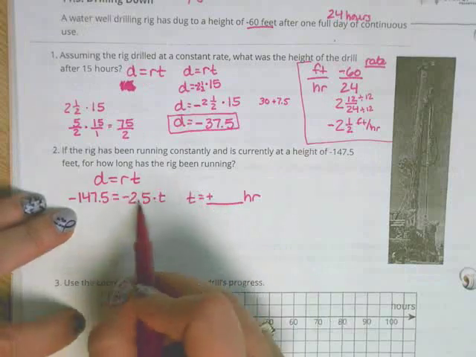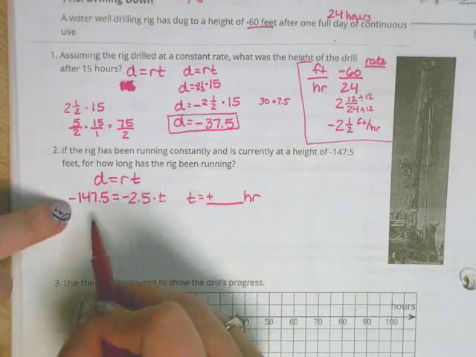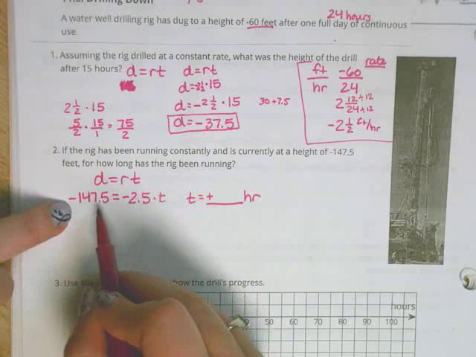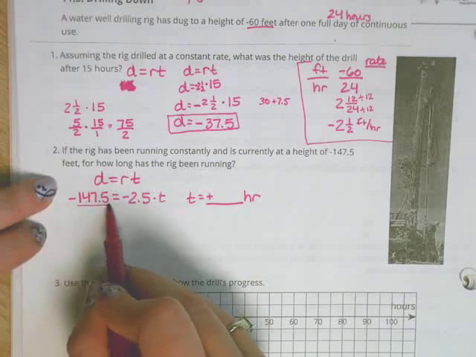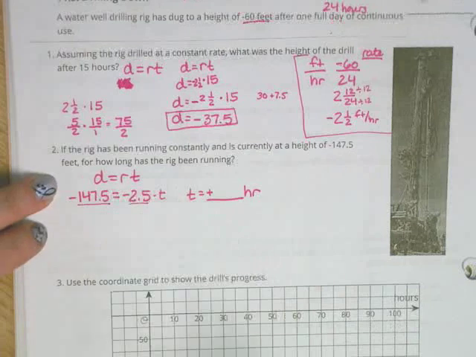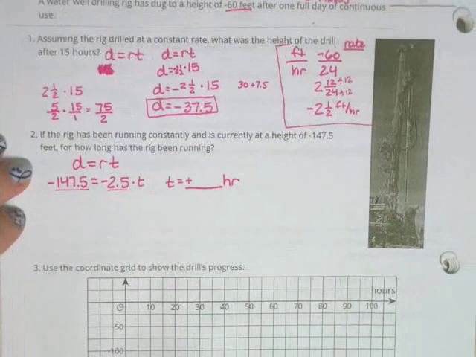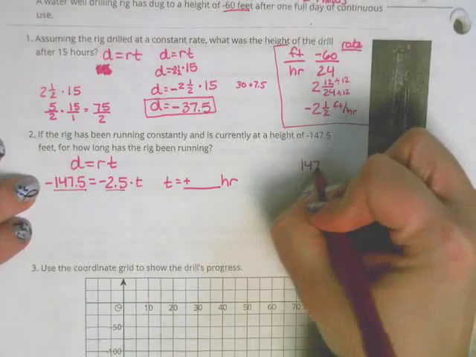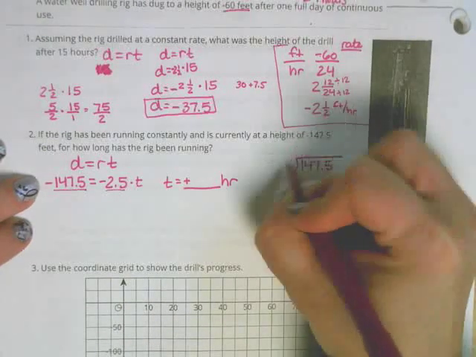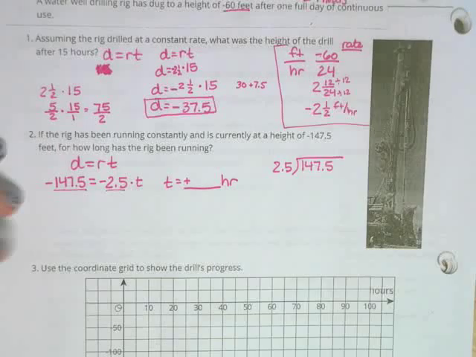I don't know 2.5 times this right now, but I can work backwards and say, well, it's got to be 147.5 divided by this 2.5. I can work backwards and figure it out that way. So here's where our long division comes into play. 147.5 divided by 2.5 is what we would do for this.